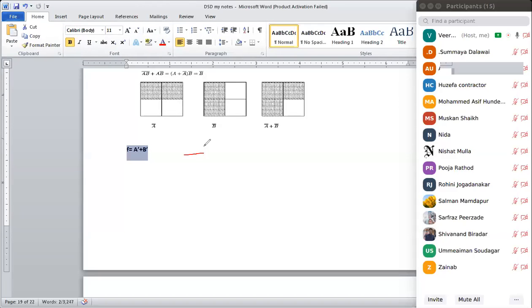I'll take one NOT gate here and one more NOT gate. This is A, this is B, then one OR gate.